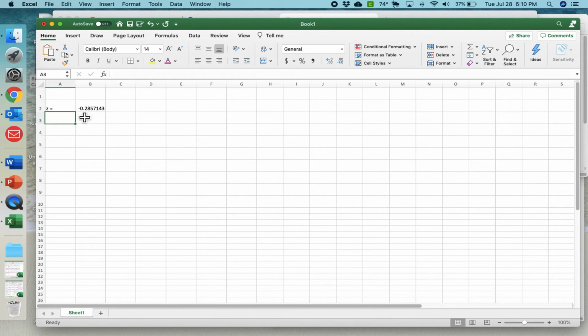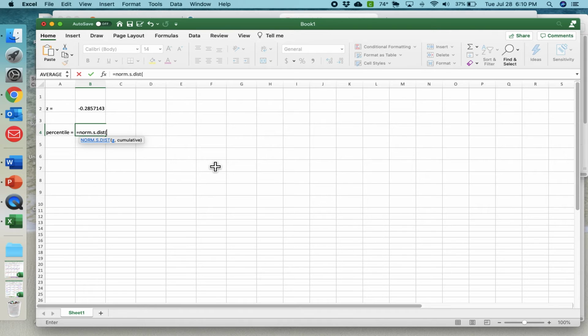Okay? And so to find the percentile, we type in our letters. So equals norm.s.dist, and I've got it in lowercase, but it doesn't matter.